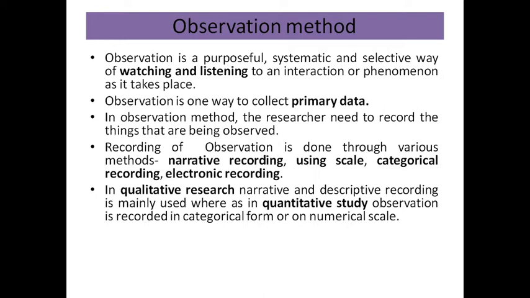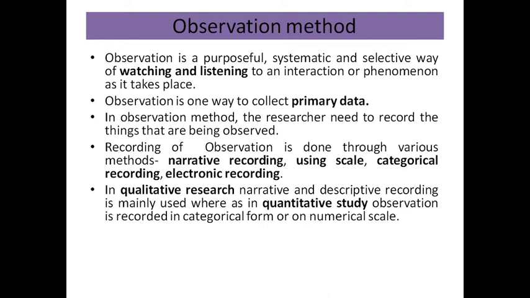So these are the aspects where the researcher or the observer has developed some scale. Scale means a measurement scale, and thereafter observing the things, the observer will rate or give score to the various aspects of those personality.